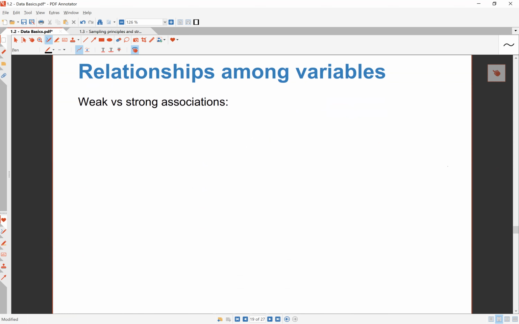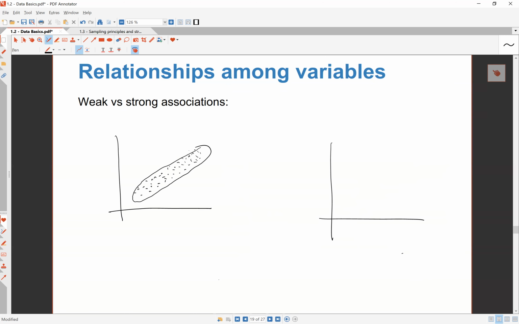So if you start looking at relationships like this, you will want to start describing them as strong relationships or weak relationships, or strong or weak associations. So in general, if you draw a scatter plot and you have your cloud of points, and you kind of add an outline to that cloud.